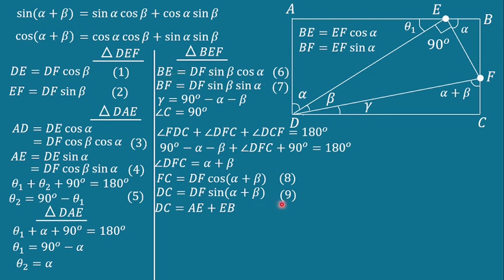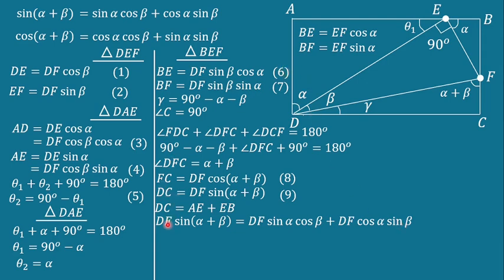So putting the values from equation 9, equation 4 and equation 6 in this equation, for DC I write DF sine alpha plus beta, for AE I write DF sine alpha cos beta from equation 4, and for EB I write DF cos alpha sine beta from equation 6.